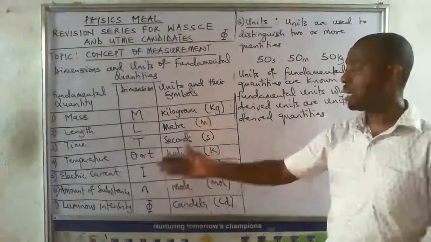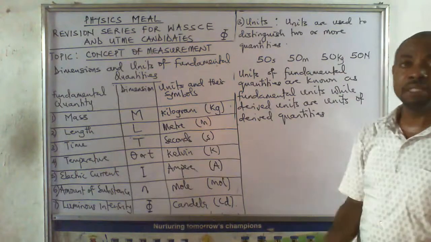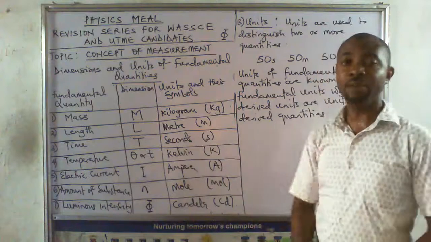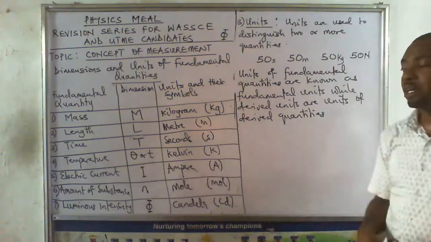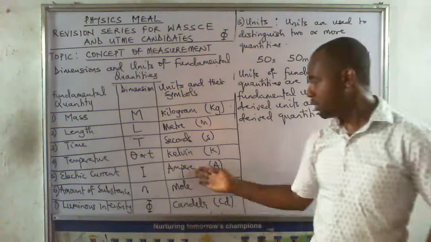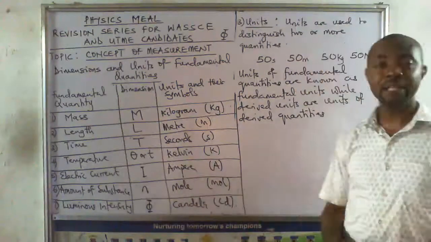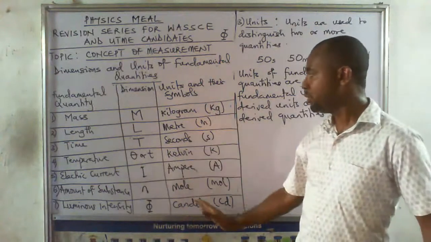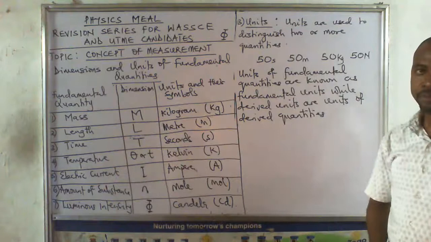Length, which is distance, can be measured also in meter, in centimeter, decimeter, kilometer, and so on and so forth. Time can be measured in minutes, in hours, in days, in years, and so on. Electric current, ampere, moles, then we have candela. Now you must know this. These are the SI units of these 7 fundamental quantities.